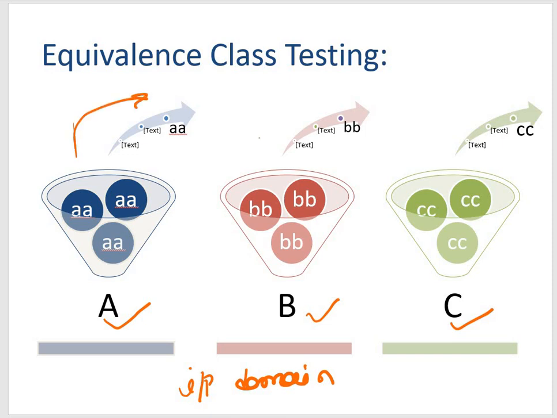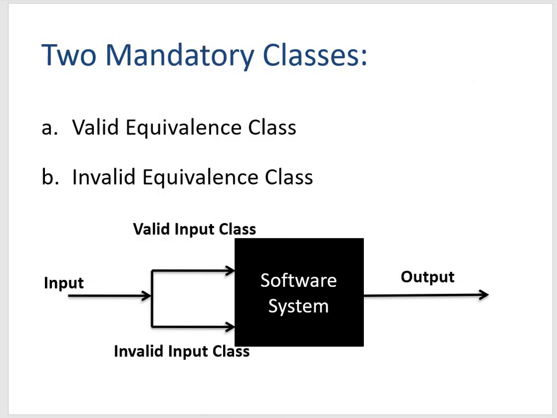Now what it says is that if I have some values from the input domain, what I have done is I have identified 3 classes, and one data will be fired from this class, another from this class, another one from this class. So instead of firing so many values, I fire one value from each of these classes.